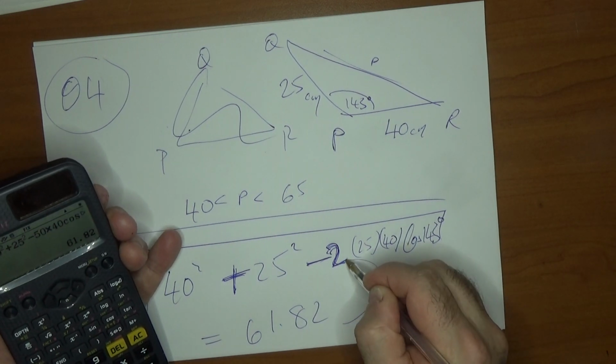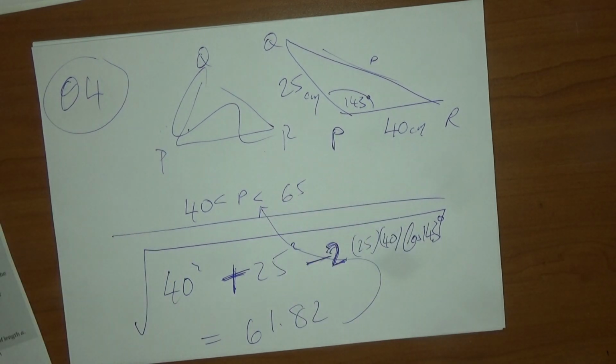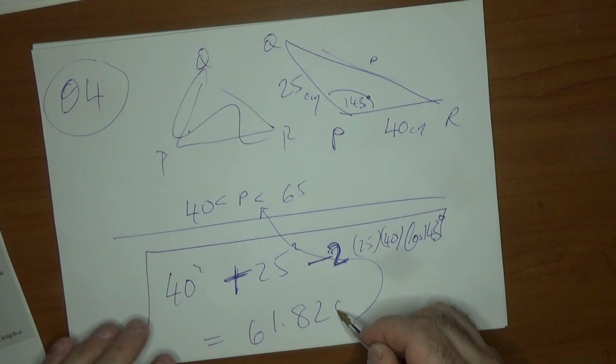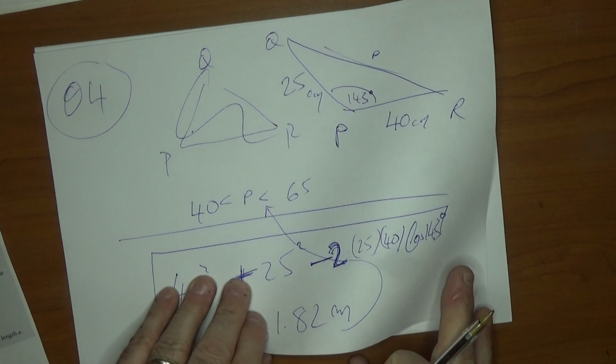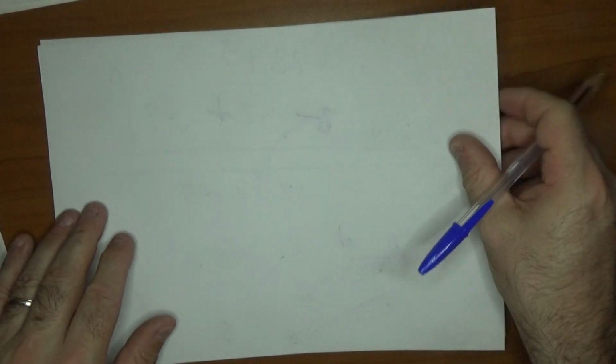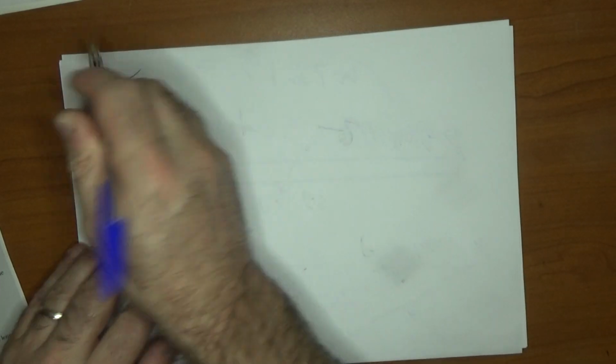Sanity check: yes, it's in where we expected it to be, and it's in centimeters. Okay, that's great. We're moving to question 5, and we're trying to pick up the pace.